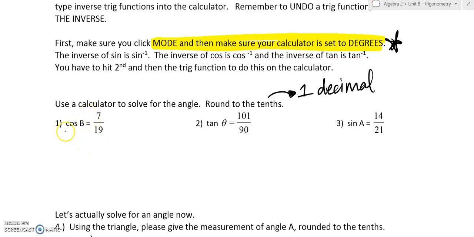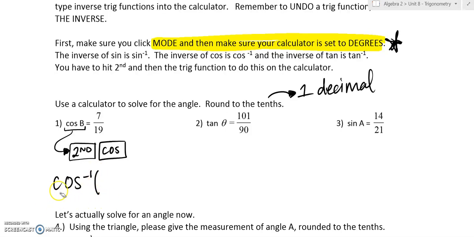So when I type this in, I want it to look like that inverse symbol. So I'm going to hit the buttons second, and then since this is cosine, I hit the second button, I hit the cosine button, and in my calculator, this symbol will come up and it actually opens parentheses for you. In those parentheses, you want to put in the fraction, so 7/19.